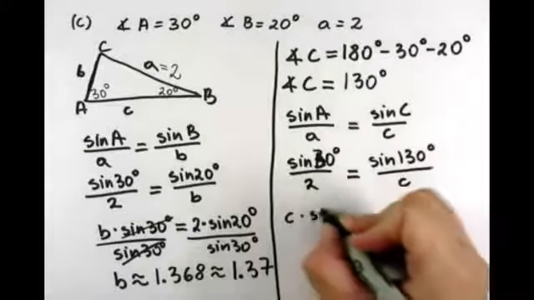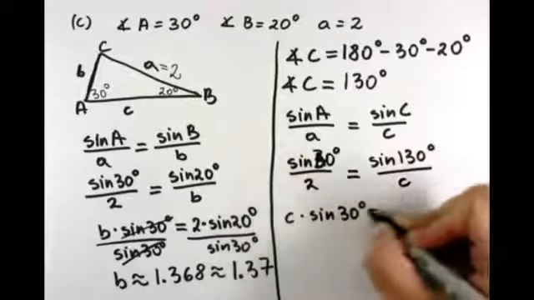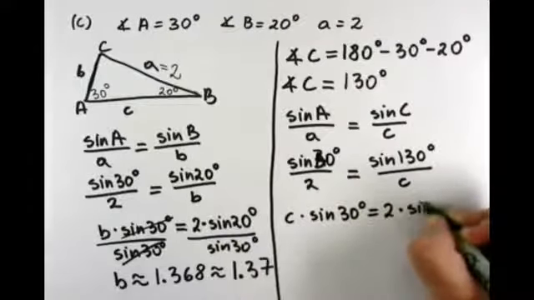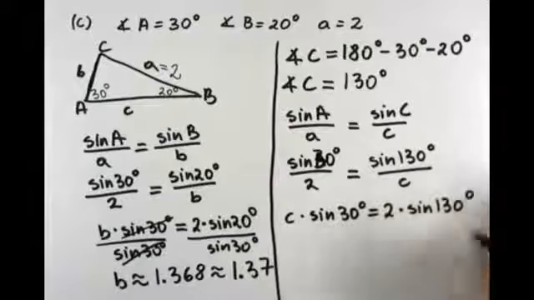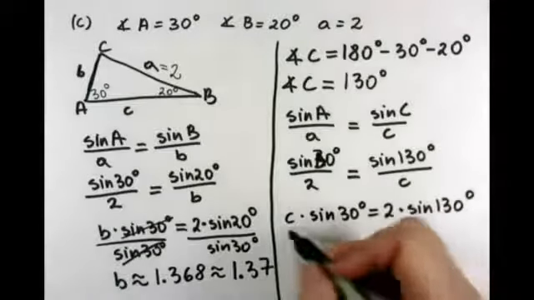C times sine 30 degree is equal to 2 times sine 130 degree. We can divide by sine 30.